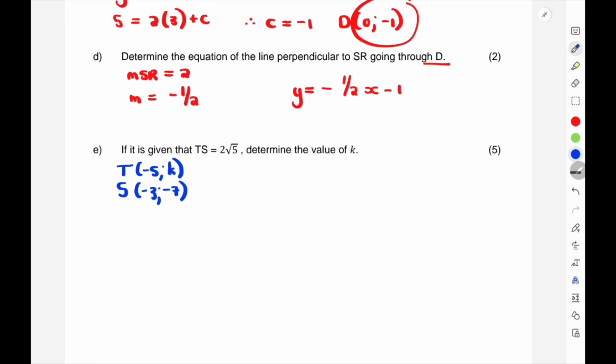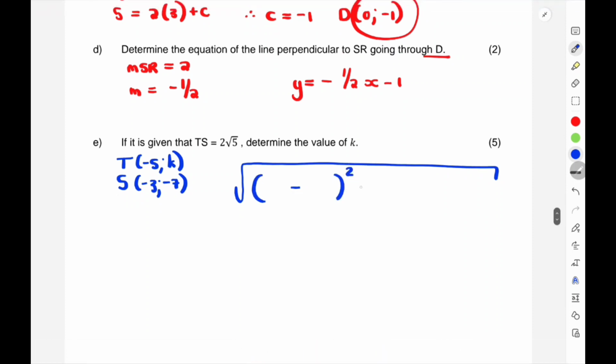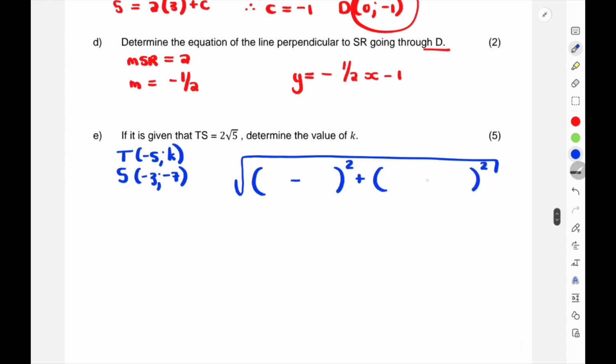If TS is given, determine the value of K. So the distance of TS: the two x values subtracted, squared, plus the two y values subtracted, squared.